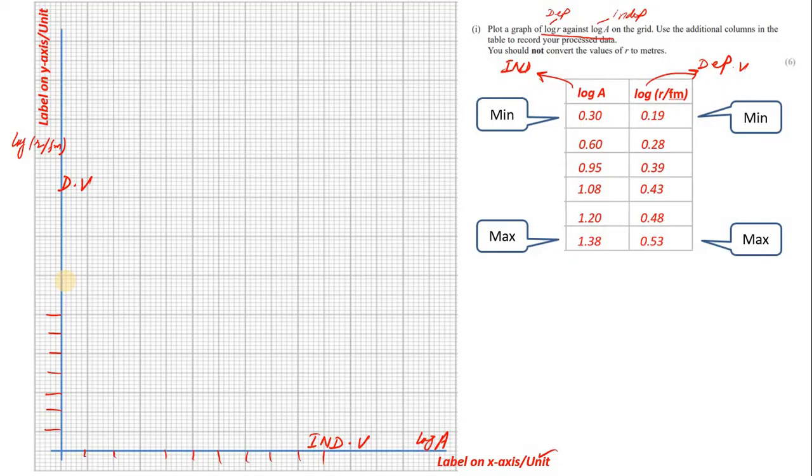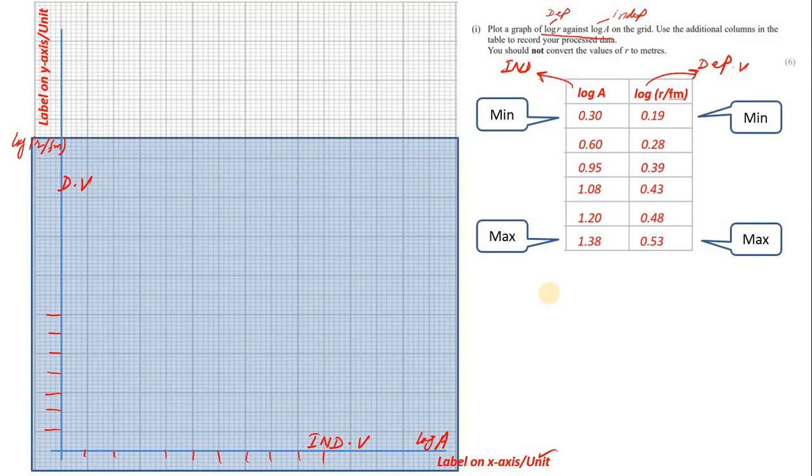But choosing the scale is important. Remember, this is another key idea: take care that you choose a sensible scale so that you can cover at least more than 50% of the region of the graph. Whatever the shape of the graph is, a line or maybe a curve, it should cover more than 50% of the given grid.